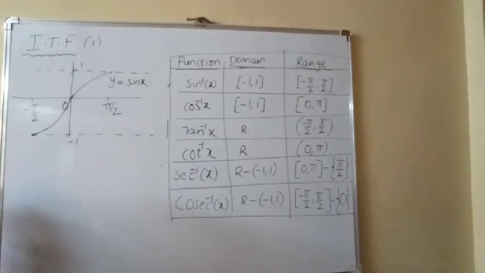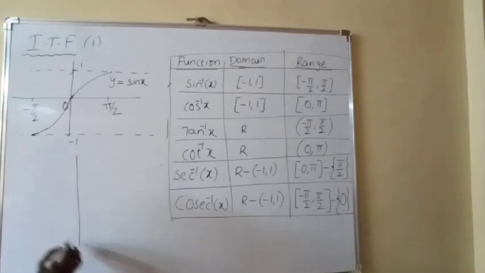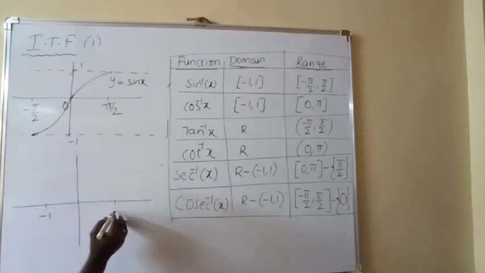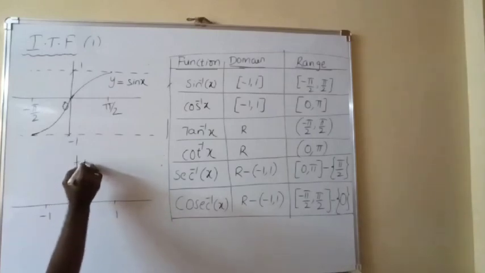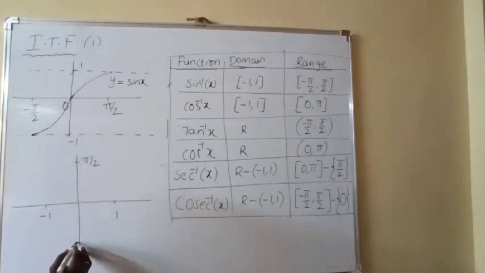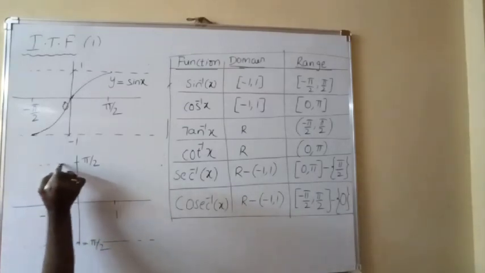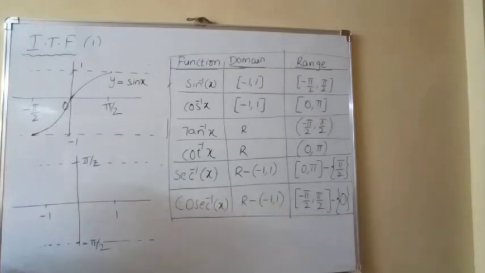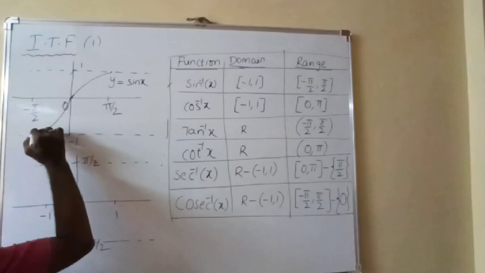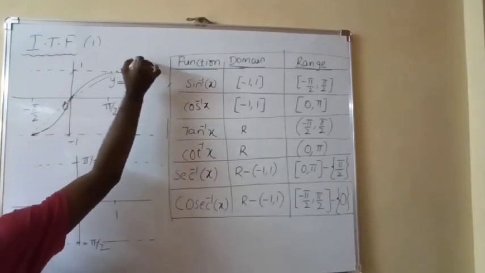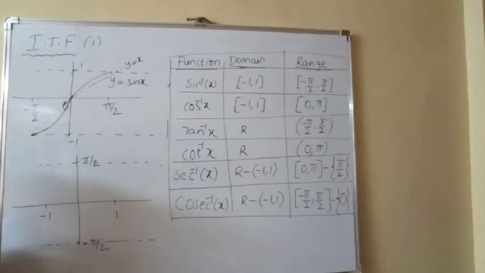Okay. Next, the graph of sine inverse x. Suppose this is the line, say y equals x. This is the line y equals x. Okay.